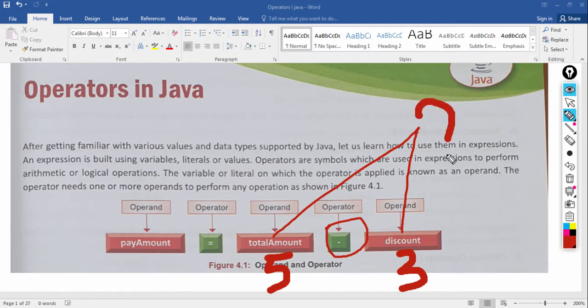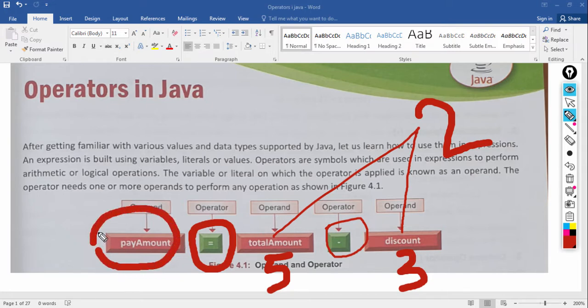Now let's look at this operator. This assignment operator also has two operands. One is this pay amount, which is a variable, and the other operand here is 2, which is an integer literal, isn't it?